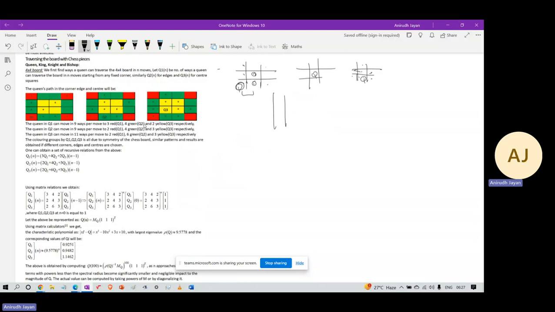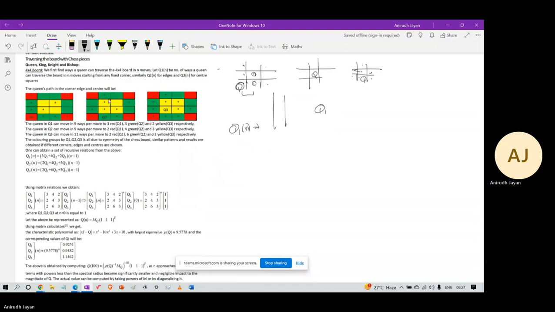Let's assume Q1 of n as the number of ways a queen can move from the corners, Q2 as the edges, and Q3 as the center. We observe that Q1 has 9 different ways to move: 3 on this side, 3 on this side, and 3 on this side.